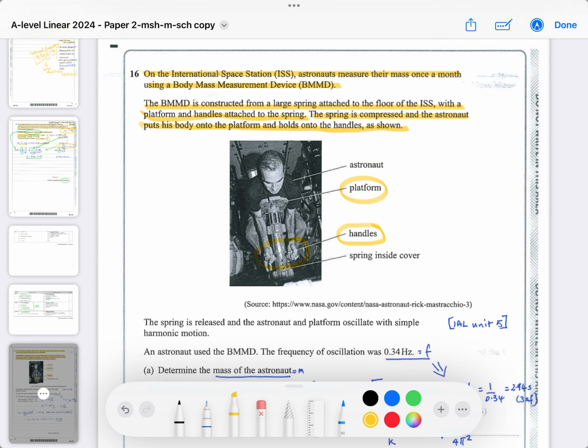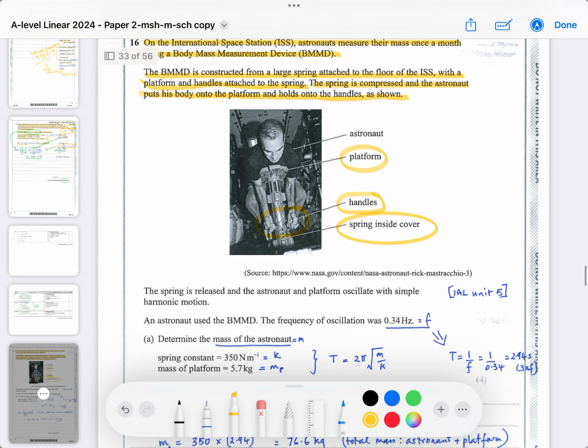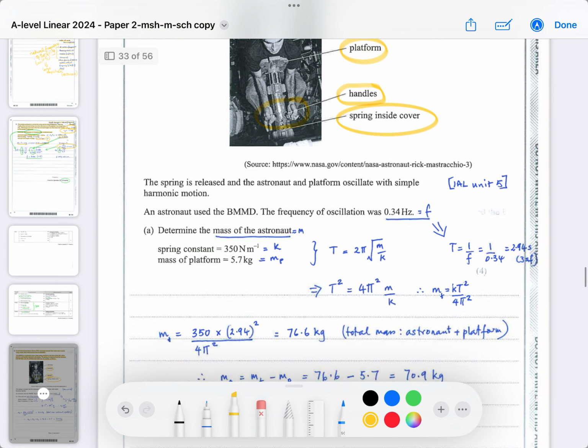So inside the cover there is a spring, and the spring will have a certain stiffness. The spring is released and the astronaut and the platform oscillate with simple harmonic motion. So simple harmonic motion is year 13 content, so I put the IAL unit number, IAL unit 5.